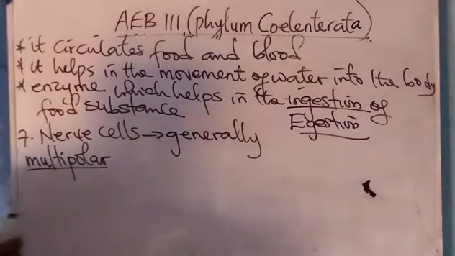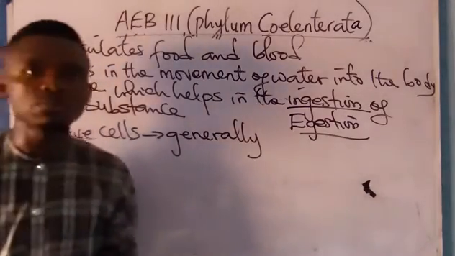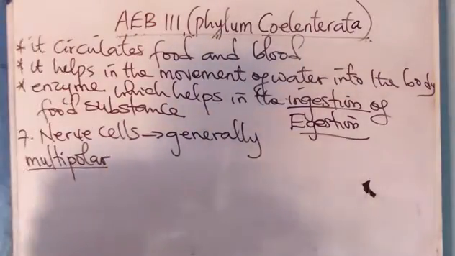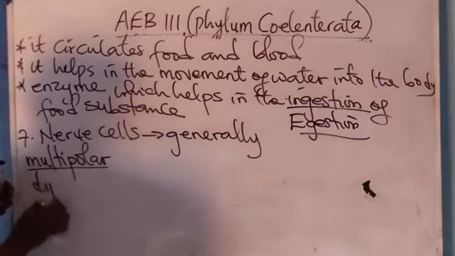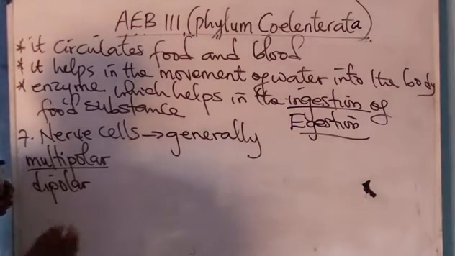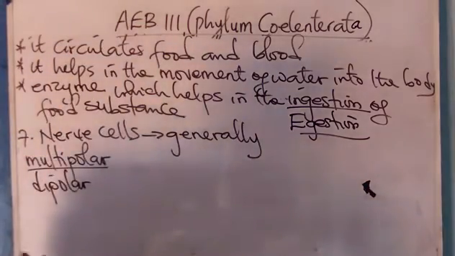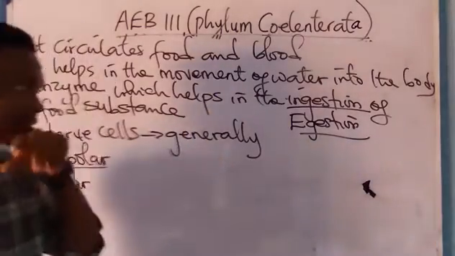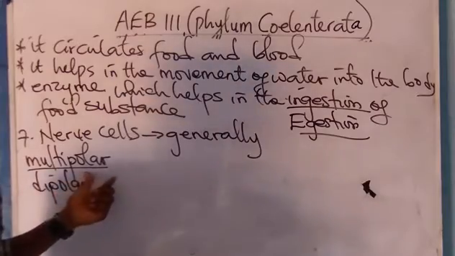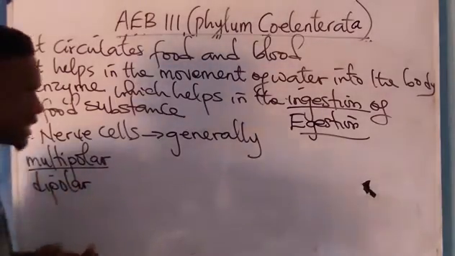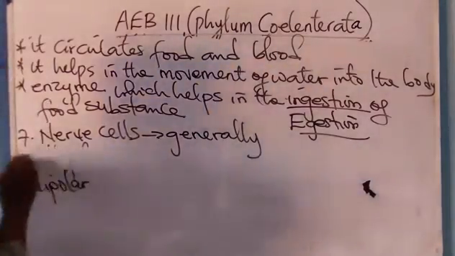Multipolar. But in some organisms that are highly developed, the nerve cells are not multipolar, they are dipolar. Which means that highly organized or developed cnidarians are dipolar and not what, multipolar. Take note of that. It is very, very important.